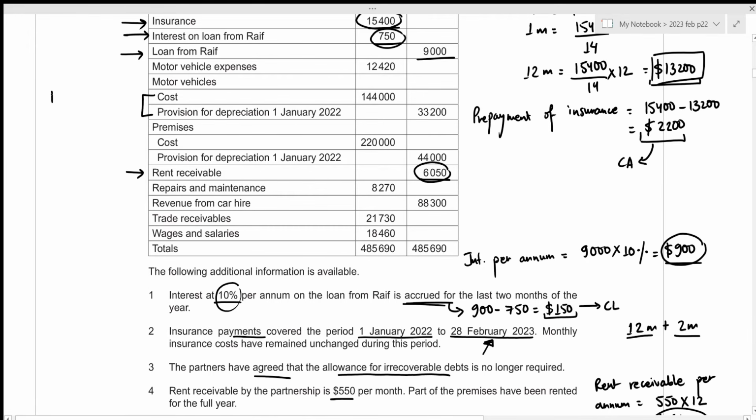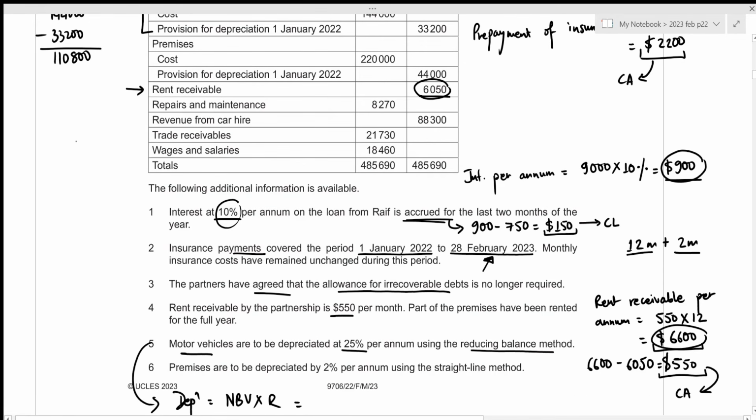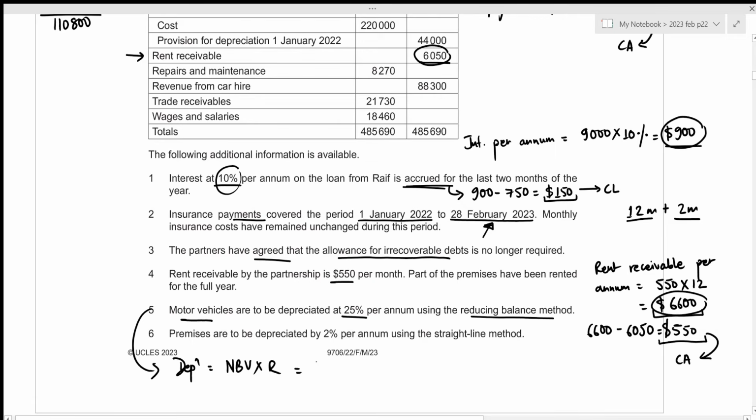So that's 144,000 cost minus 33,200. This results in our net book value being 110,800. Now we just multiply it by the rate given, which is 25%. So that's 110,800 times 25%, which results in the depreciation charge for the year being 27,700. This should be treated as an expense in our statement of profit or loss.